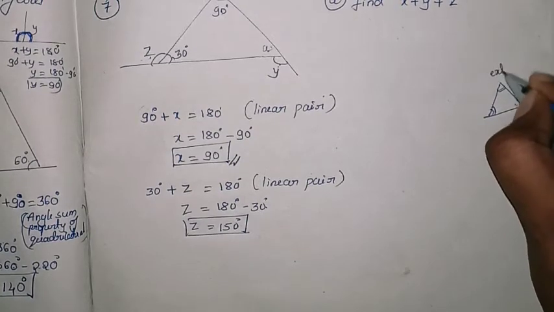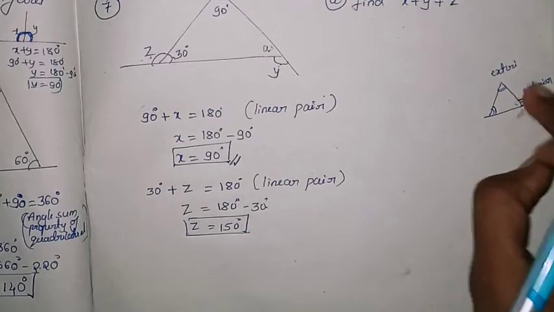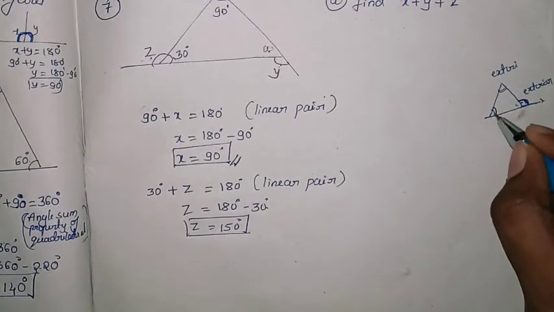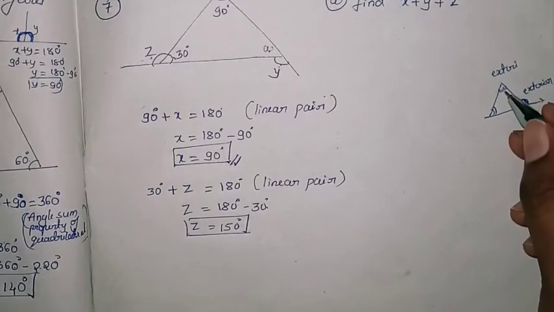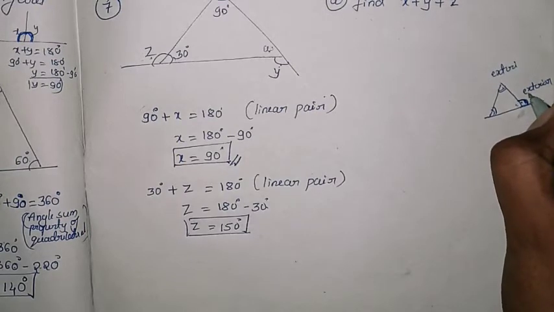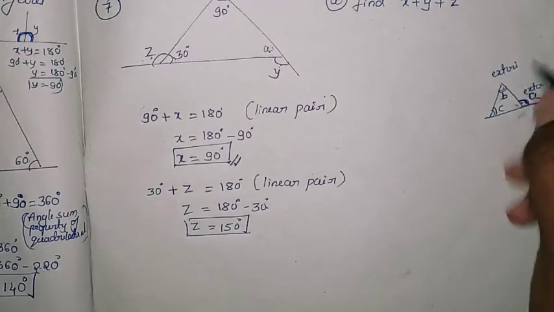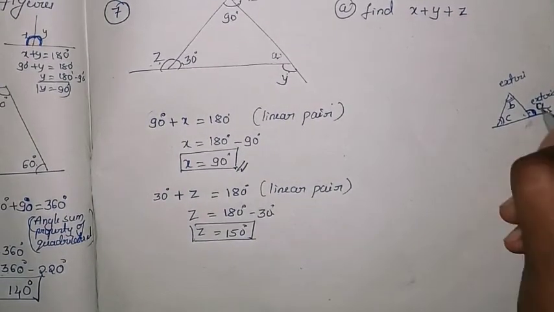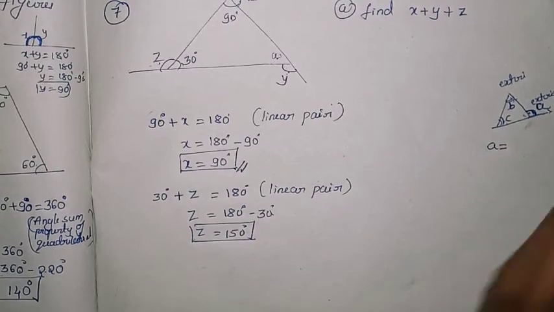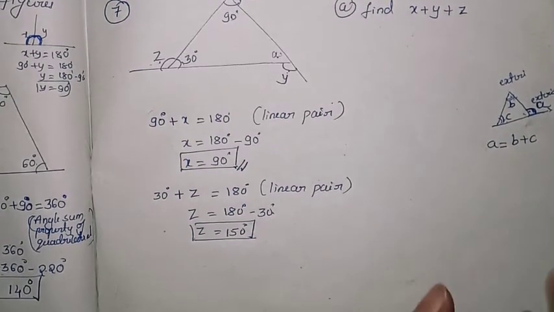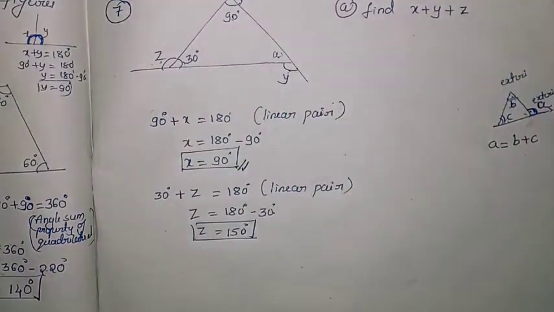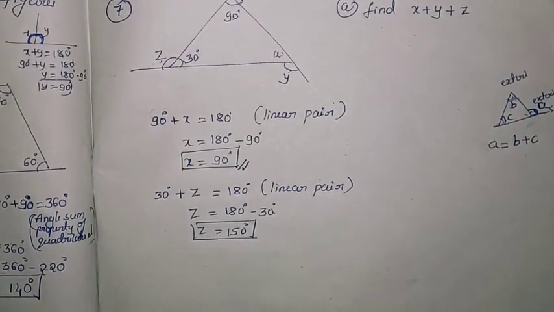So this is the exterior angle property. It says that the sum of the interior opposite angles is equal to the exterior angle. Listen to the words: the sum of the interior opposite angles is equal to the exterior angle. Consider this angle as A, and these as B and C. According to the exterior angle theorem, the exterior angle is equal to the sum of the interior opposite angles, so B plus C. Like this, we can apply the exterior angle theorem here, because y is equal to 30 plus 90.